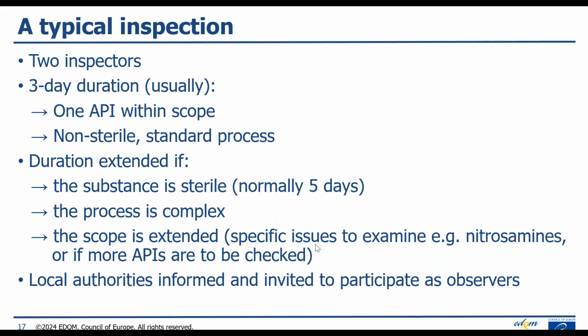So typically 3 days, but it can be extended. We also inform the local supervisory authorities in advance that we will inspect the site on their territory, and they're always invited to participate as an observer.